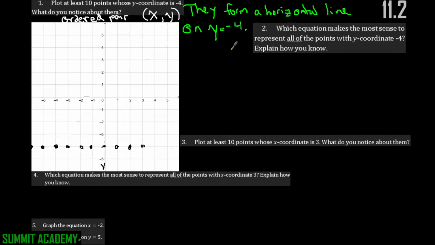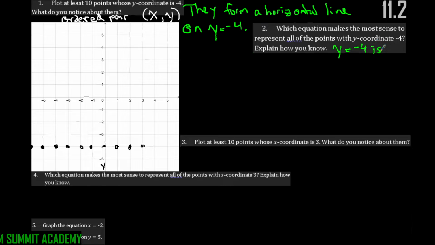Now that's a helpful point to have because if you look at number 2, it says which equation makes most sense to represent all of the points with y-coordinate of -4. So if I'm looking at those equations, I would say the equation that I need is y equals -4.